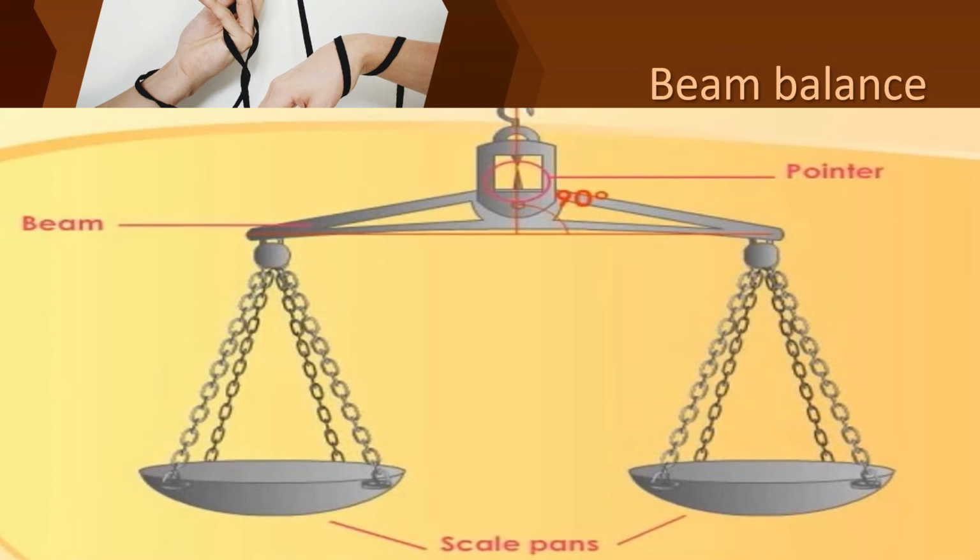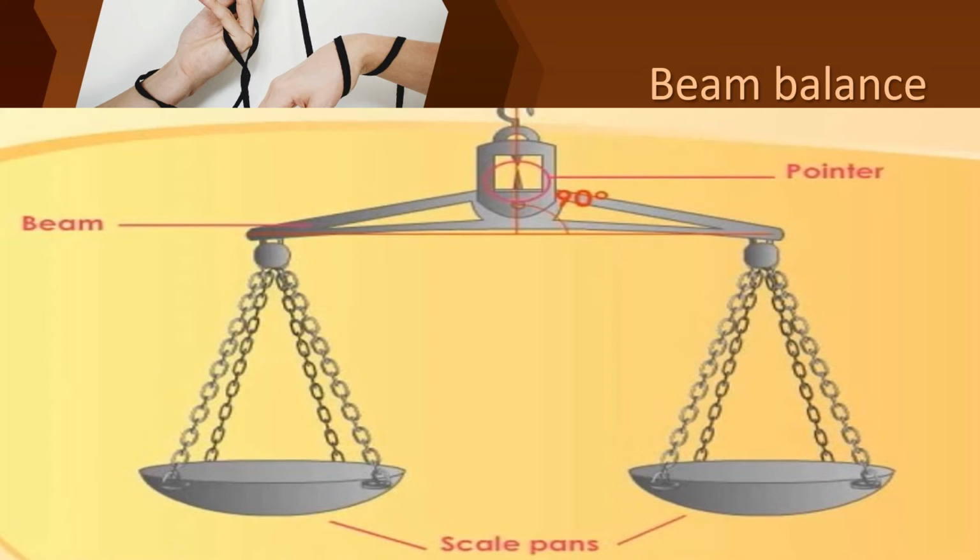And the object, if you need a mango, you place that mango in the right pan and hold it properly. While holding, if both pans are equal and the beam is horizontal, you have got the accurate quantity of mass. If you need 1 kg of mango, you have got that 1 kg of mango.